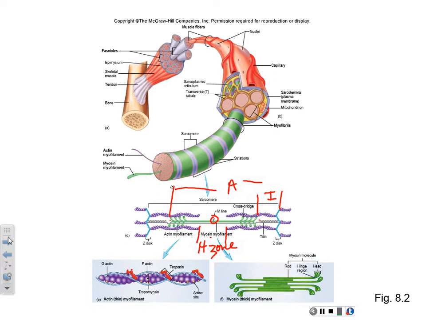Okay, and then the binding sites are exposed, and as long as the binding sites are exposed, those cross bridges will form. Okay, that is when the myosin heads attach to the binding site on the actin. And then when that happens, that takes energy, and then they contract because they are extensible. It takes energy to break the bonds again between the actin and the myosin, and then because they are elastic, they spring back. Then another ATP comes in, and then causes that.